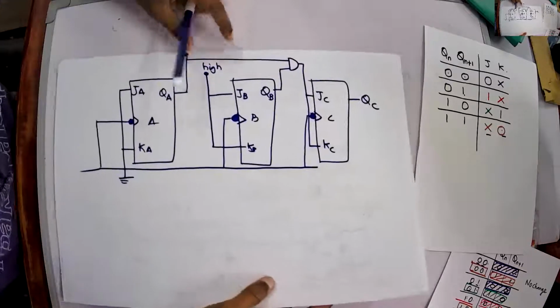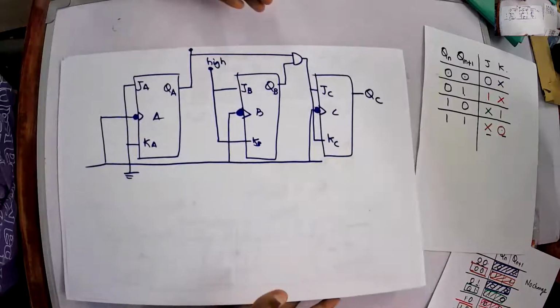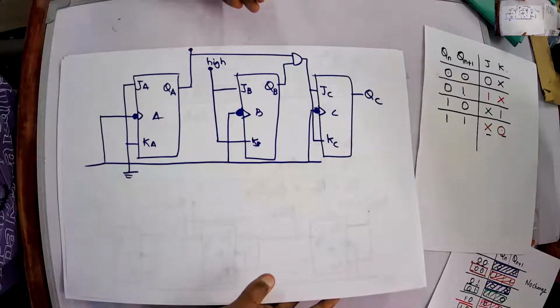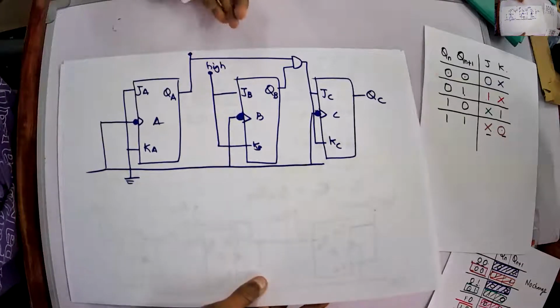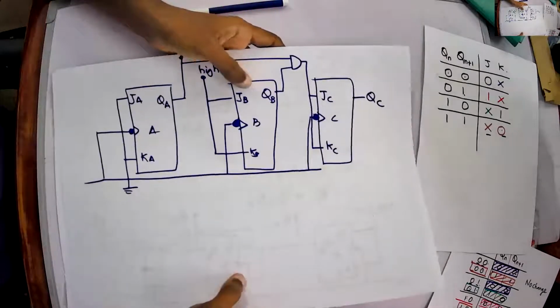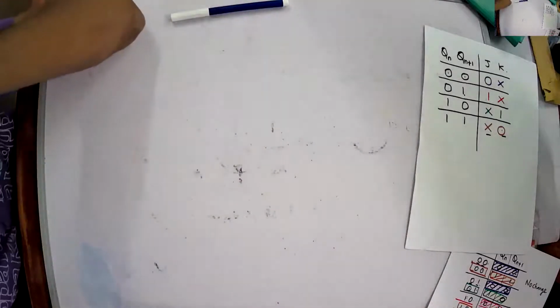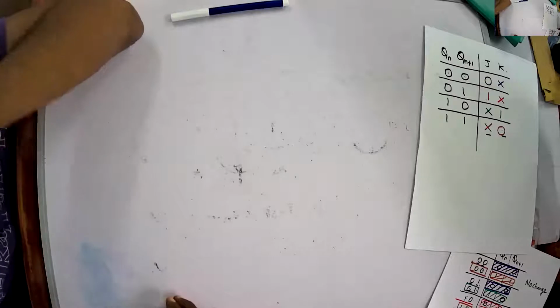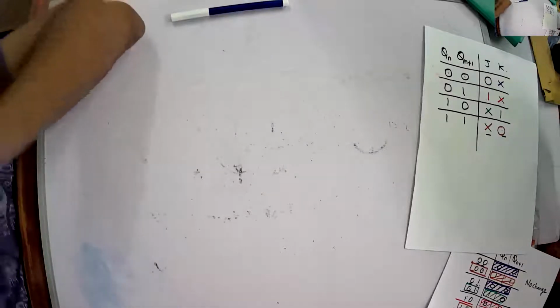Now, I think that's all about your counters or the sequential logic circuits. That's all about sequential circuits in the advanced electronics course. So now you can do question number 5 in all your past papers.